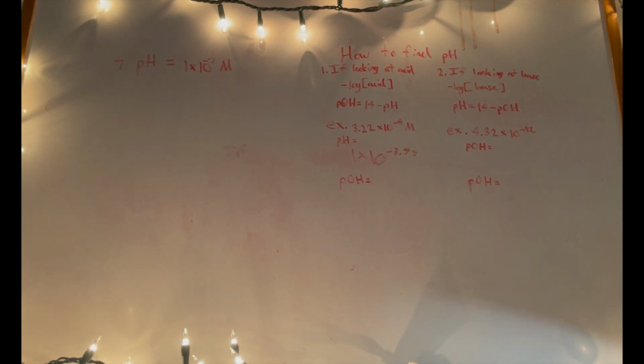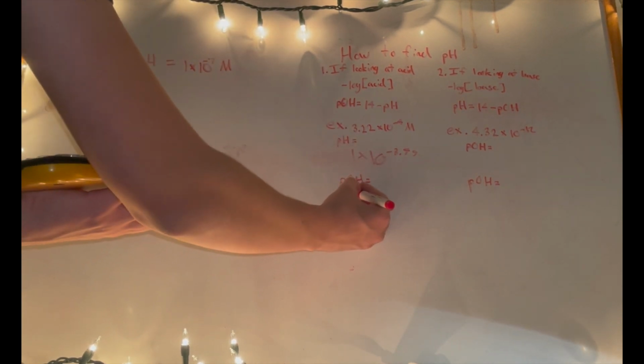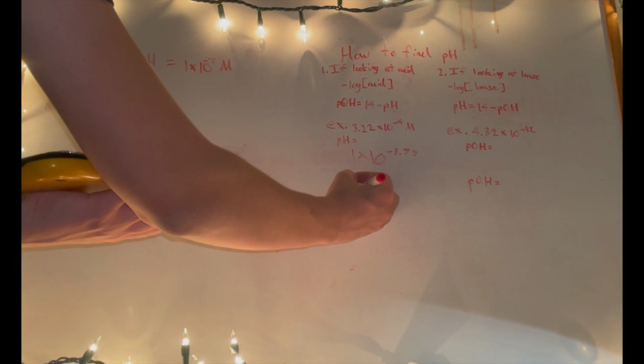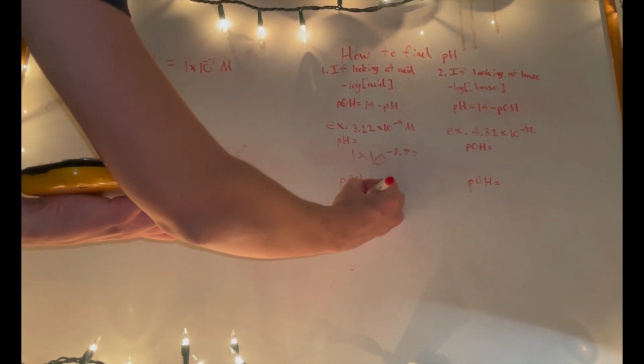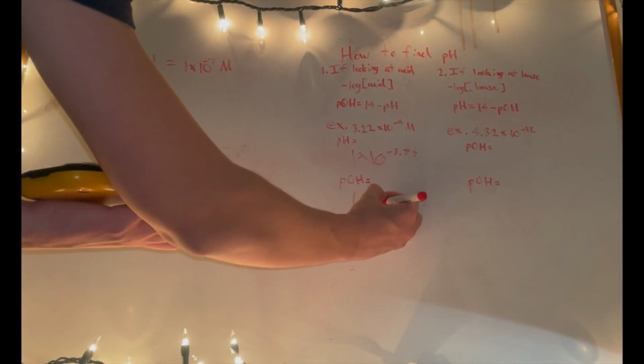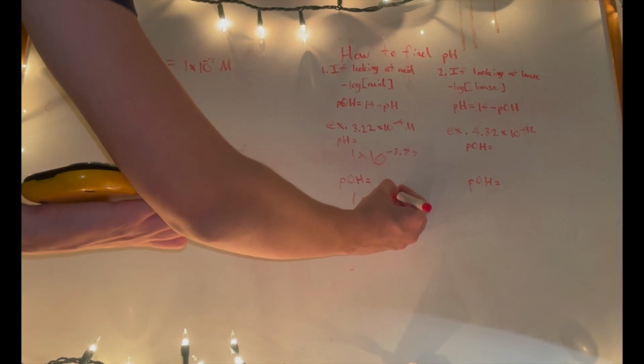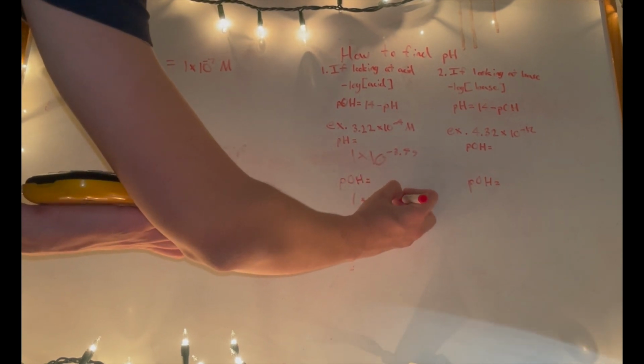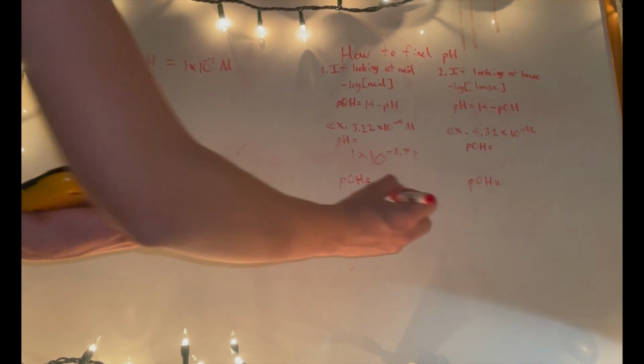Okay. And then if we would want to find our pOH from that, we're going to do 14 minus 3.492 to get a pOH of 10.51.